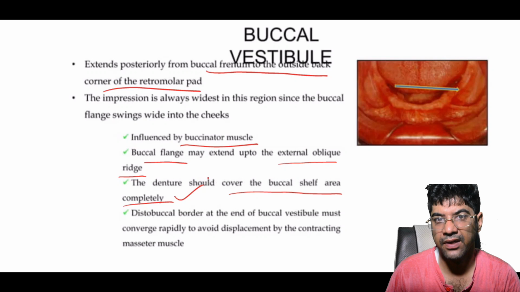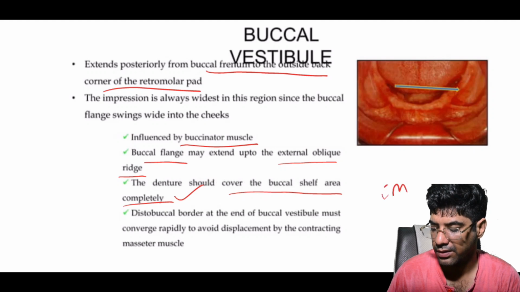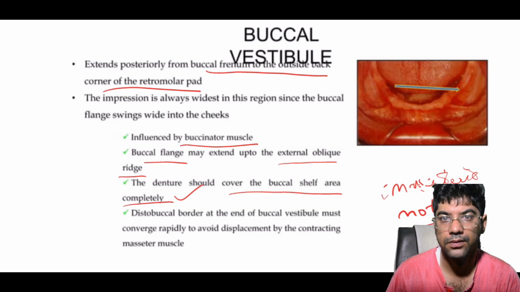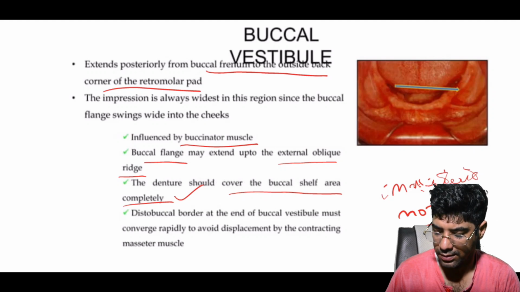So this area is influenced by the masseter muscle. The denture should incorporate a masseteric notch to accommodate the bulge created by the masseteric contraction.